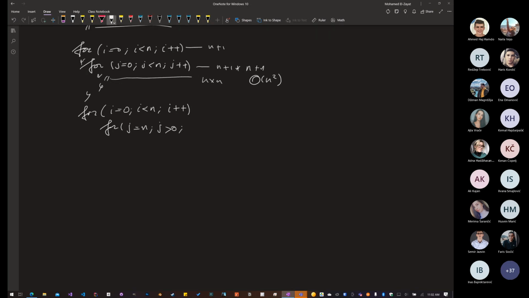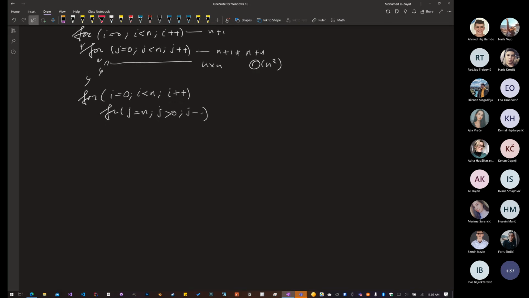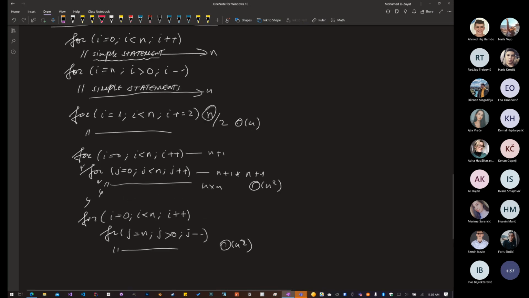And then we're going to have j minus minus, okay? And your simple statement goes here. This at the end of the day is still n squared, because this will run n times and this will run exactly n times as well. It's just that one of them is running forward and the other is running backwards. And that's pretty much it, okay?